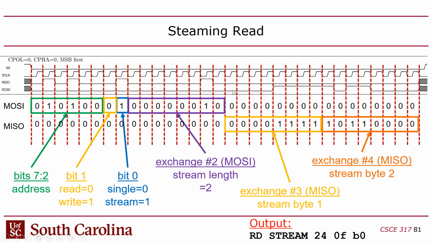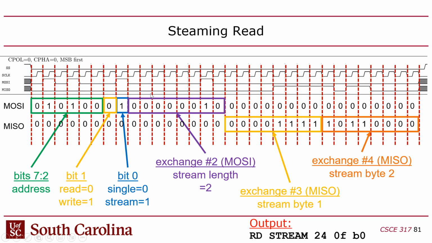Now in this case, the streaming protocol is a bit different than what we described earlier. In this case, the header byte that's sent by the master has a 6-bit address, a bit for read or write, and a bit for single byte read or write, or streaming, which is just another word for multiple byte read or write.